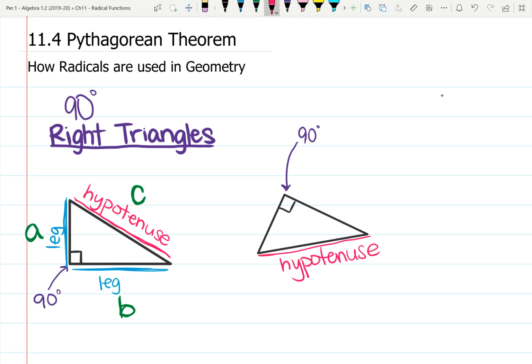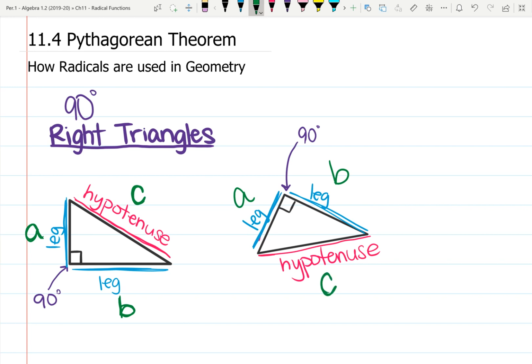I know this side here is one of the legs, and then this side here is the other leg. I know that again because these are the two sides that are attached to the right angle. Again, which variables do we assign these? The legs, we use A and B. The hypotenuse is always C.